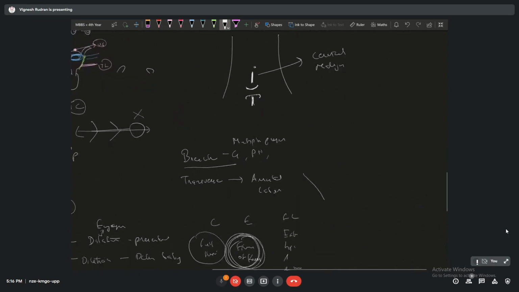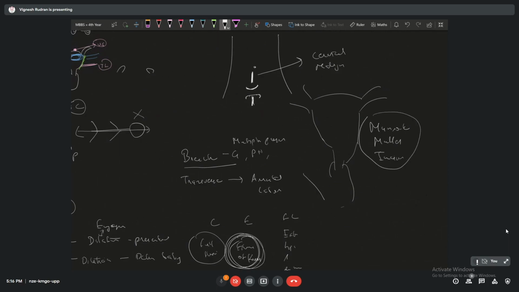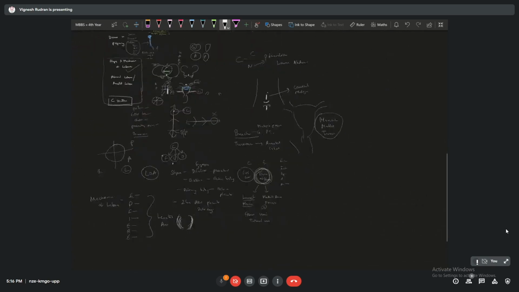And then when it comes to your uterine incision, what you do is known as the Munro Kerr incision. That is the name of the incision. I'm not sure, and I don't want to give wrong information here. So the Munro Kerr incision.